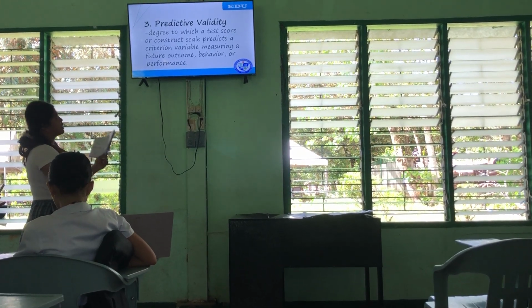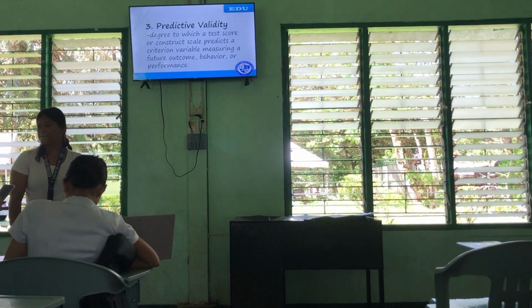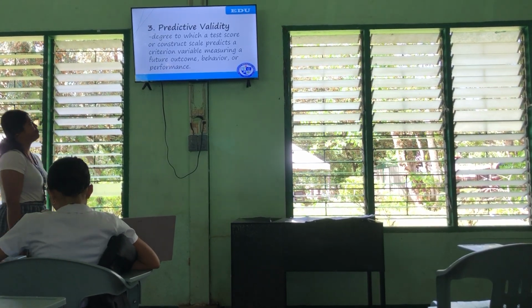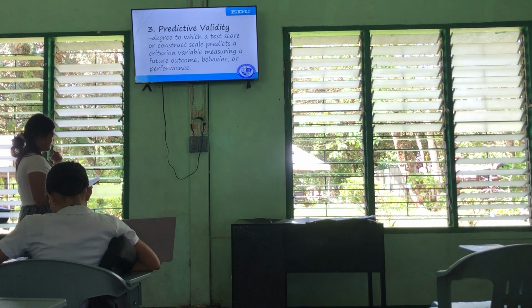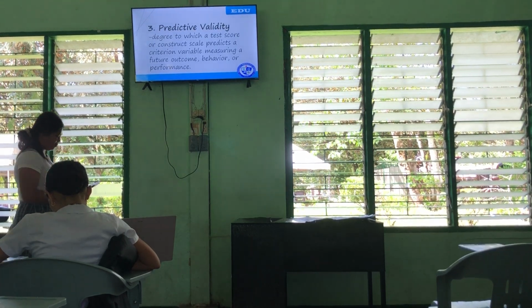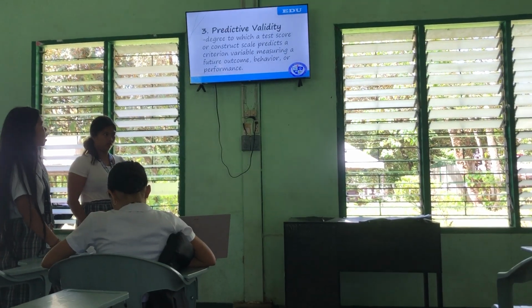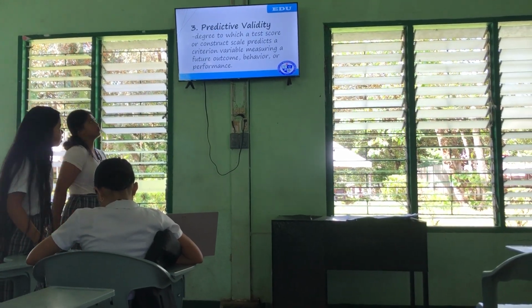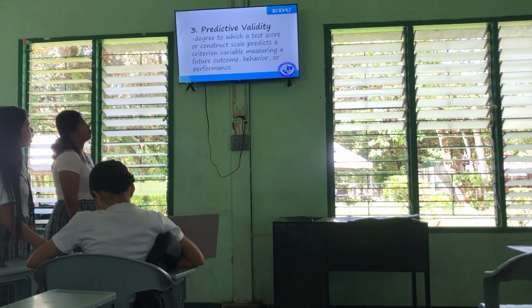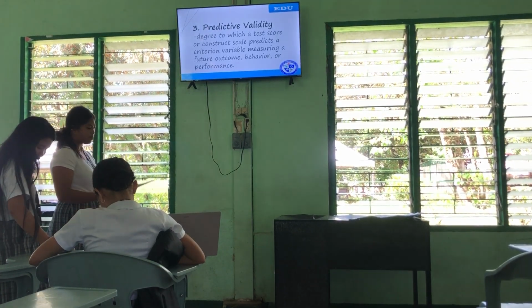Next, we have predictive validity. Predictive validity. Degree to which a test score or construct scale predicts a criterion variable measuring a future outcome, behavior, or performance.